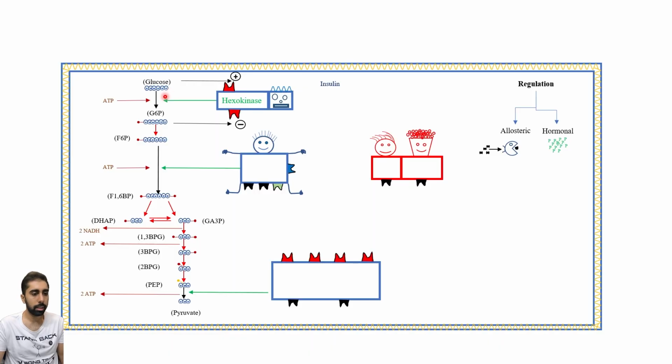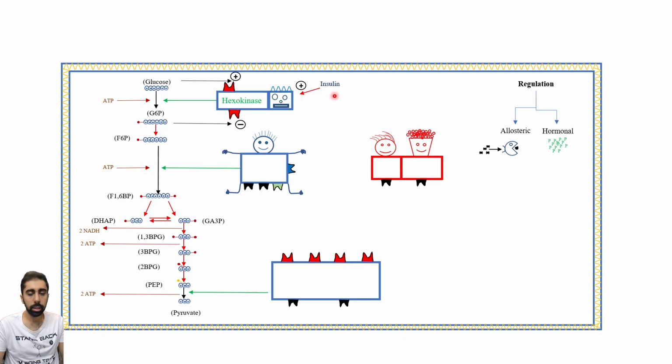So it doesn't matter if we say our insulin is increased or glucose is increased. Both of them can enhance and stimulate hexokinase because insulin wants to bring glucose into the cell. So more glucose, more glycolysis, and it can enhance and stimulate hexokinase.